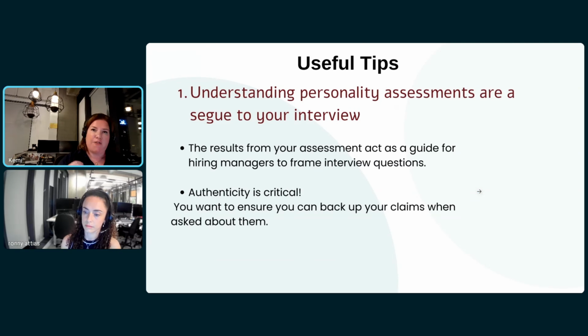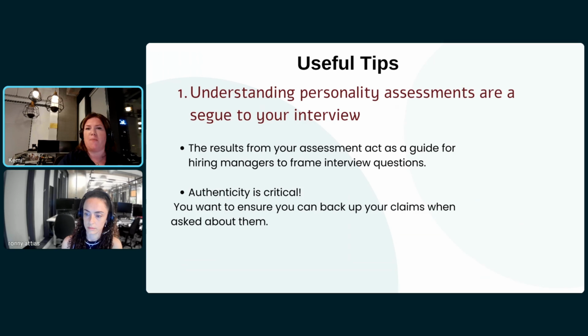It is for this reason that authenticity is critical. When you are completing your personality assessment, think closely about what each statement speaks to you. Do you agree with it really? Do you feel like it speaks to you? Does it not speak to you?